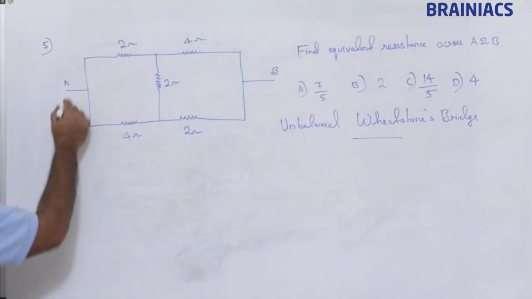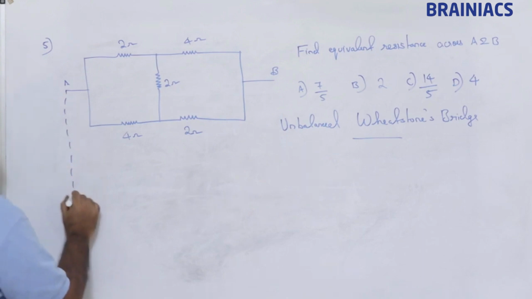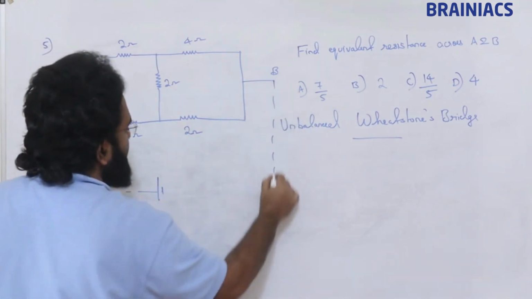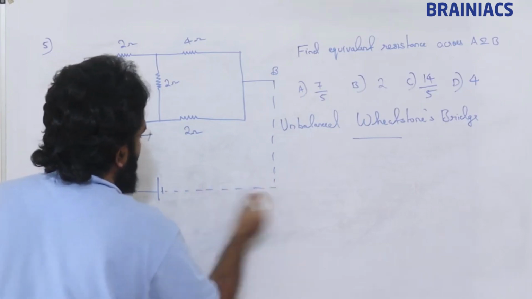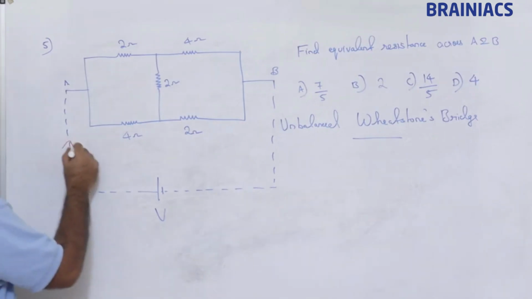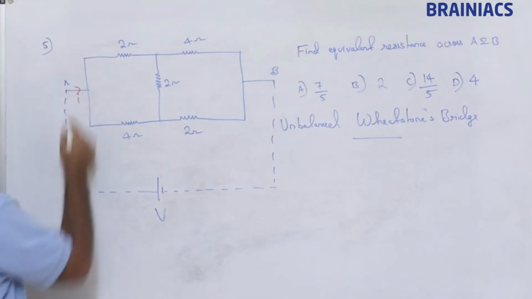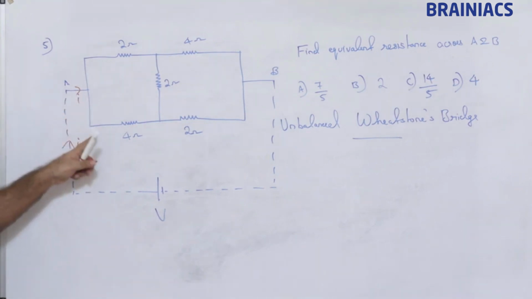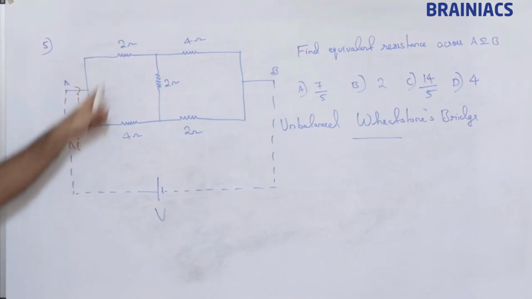According to the steps, what should we do? First we should connect an imaginary battery with EMF V. Now we should mark currents. If this is I, we should give two currents across these two.